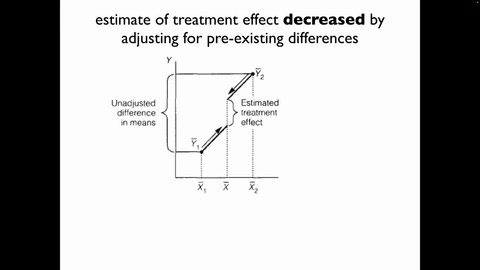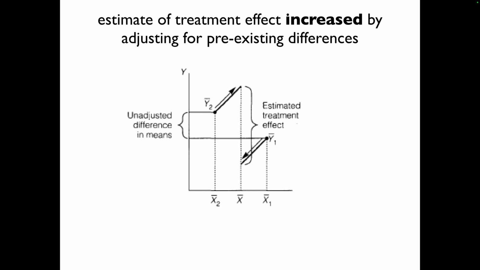So there's a variety of scenarios you can have. You can have a scenario like this, where the estimate of the treatment effect decreases by adjusting for pre-existing differences. So here's a case where y1 is much less than y2, but if we equate them on the covariate x, the difference between y1 and y2 on the vertical axis decreases, they get closer together.